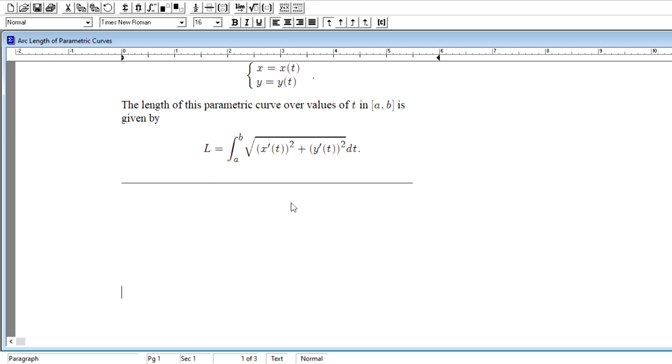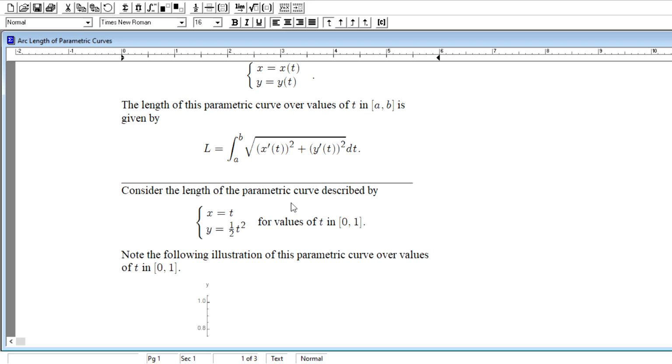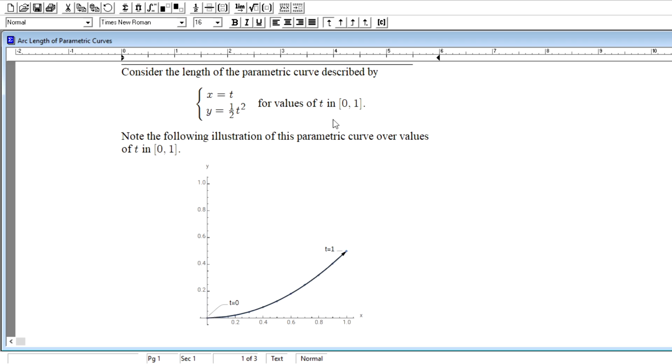If we consider an example, we might consider the length of the parametric curve described by x equal to t, y equal to 1/2 t squared, for values of t in the interval from 0 to 1. That would be a curve that's illustrated here as follows.